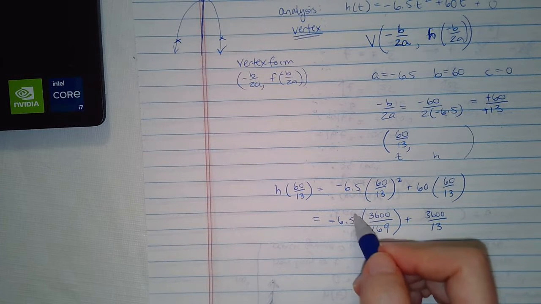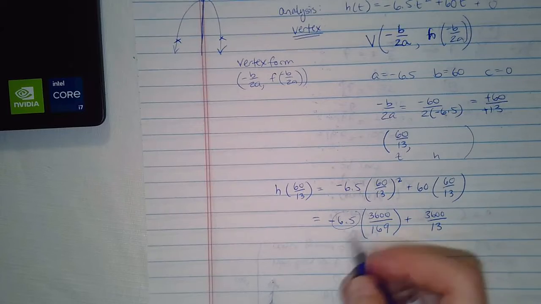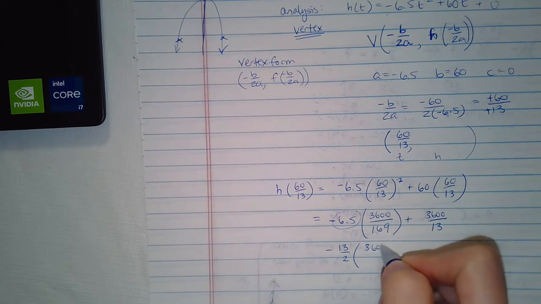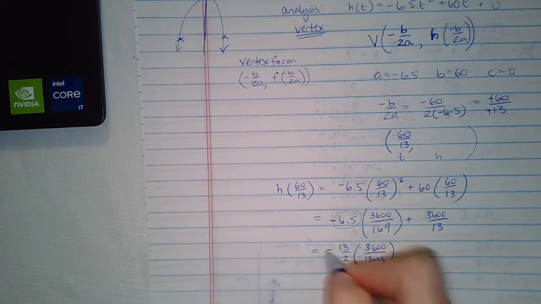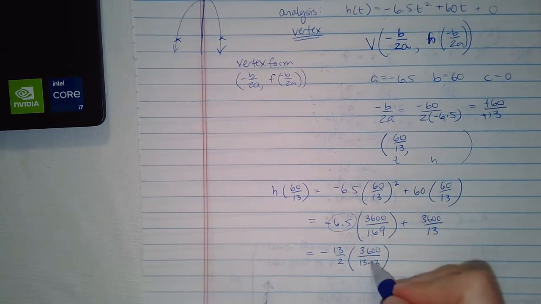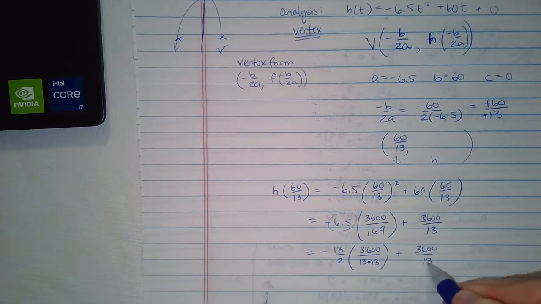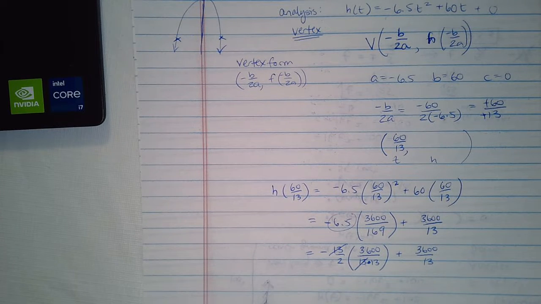I'm going to write negative 6.5 as negative 13 over 2. I'll show you in a second why I'm doing that. So negative 13 over 2 times 3600 over 13 times 13. You can use your calculator for this. You don't need to do it this tricky way. I'm just showing you a neat trick. Plus 3600 over 13. Well, if I have it multiplied by 13 over 13, I'm going to get rid of one of those. Check that out.